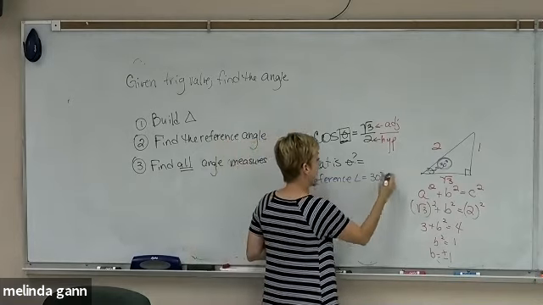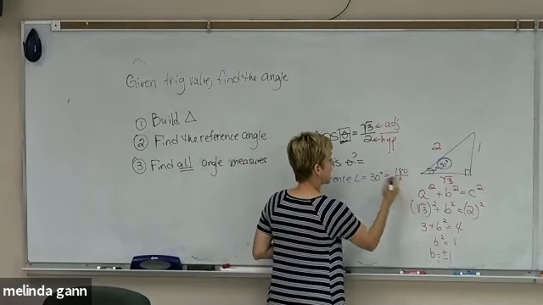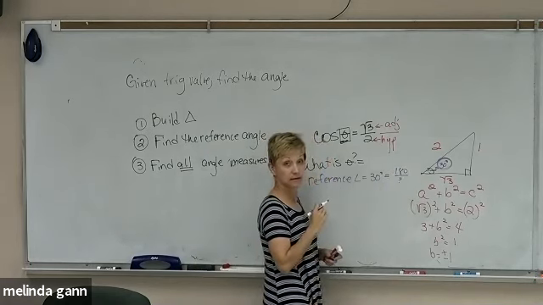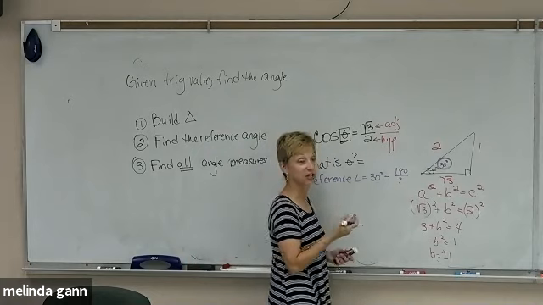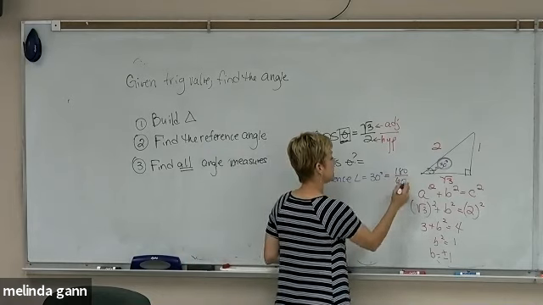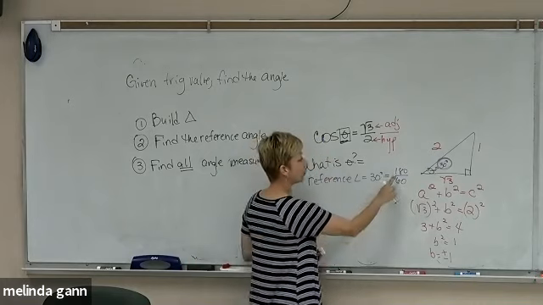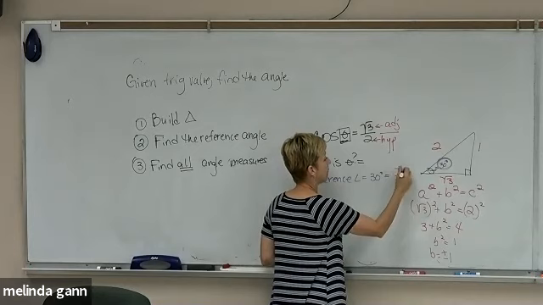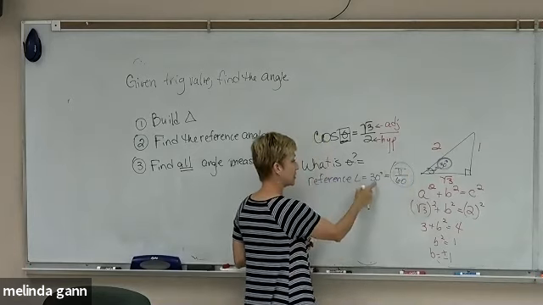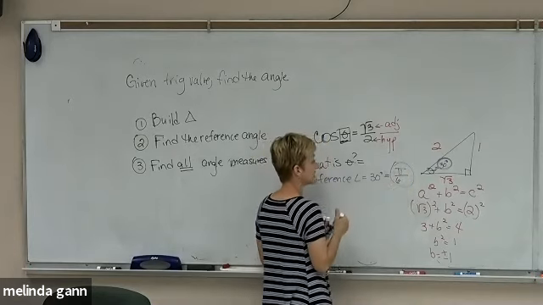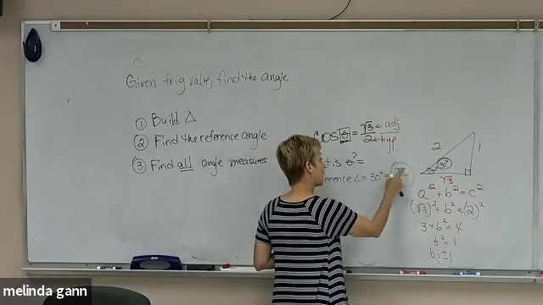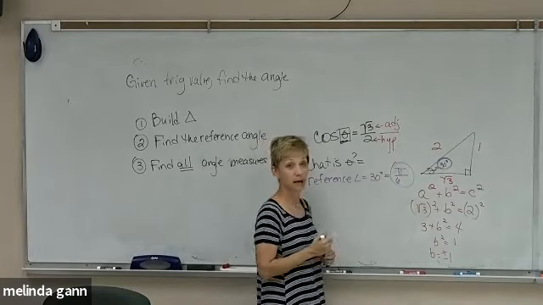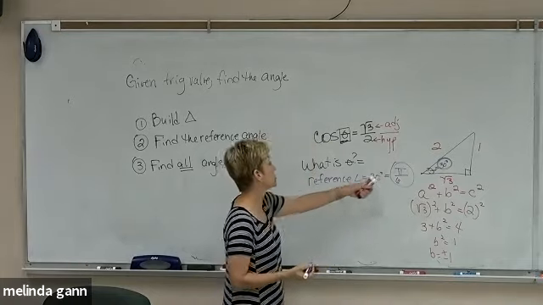So it's got to be 180 divided by something. What do you divide 180 by to get 30? Your calculus students, we can do arithmetic. Do you see that it's 6? And then we don't use degrees, so we're going to change that 180 degrees to pi radians. So my reference angle is 30 degrees, or pi over 6, because 180 divided by 30 is 6, not 60. So there's my reference angle. So one of my answers is pi over 6.